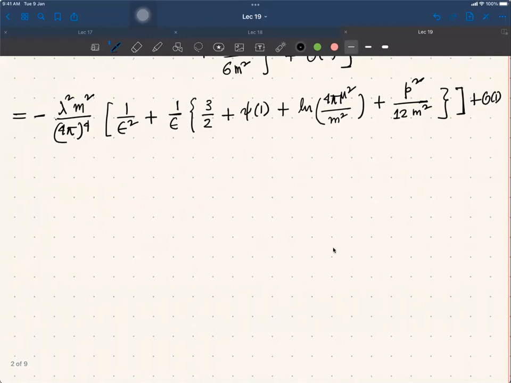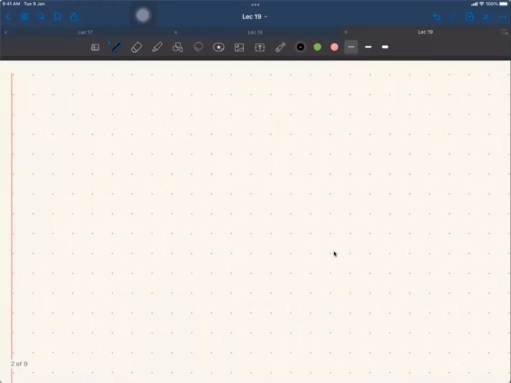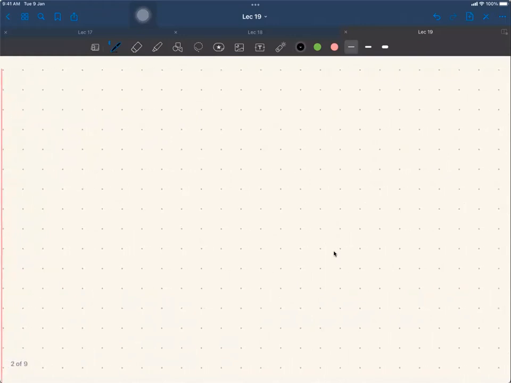So we have calculated so far all the desired diagrams. Let me now summarize the results. Summary of results calculated so far.